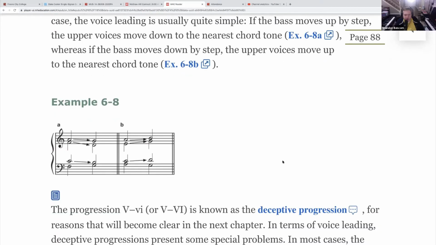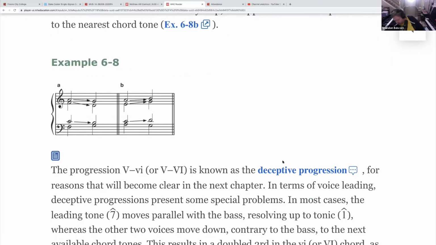So here they give us an example. They don't give us Roman numerals. I'm assuming that it is a 4 chord going to a 5 chord. But it doesn't really matter.